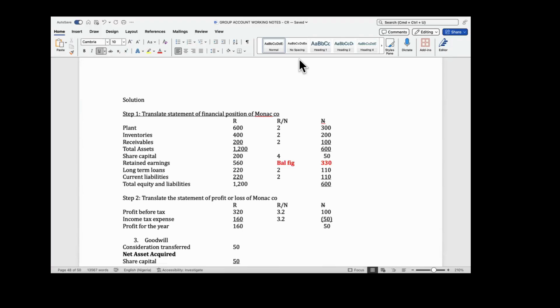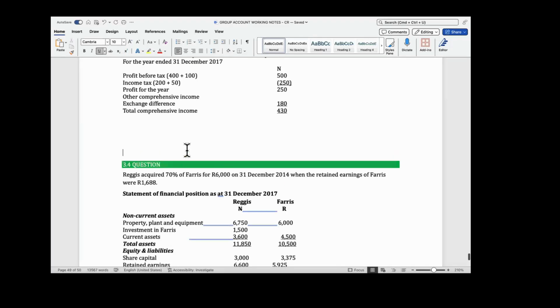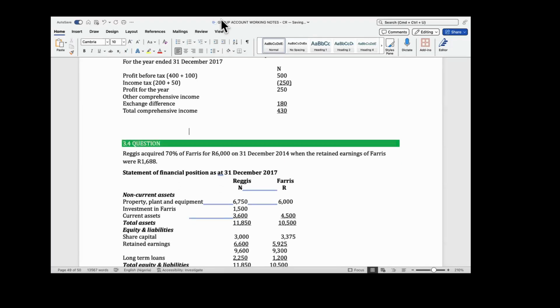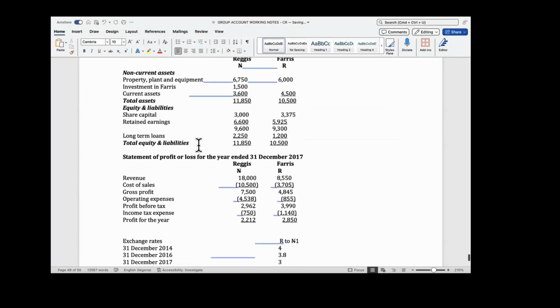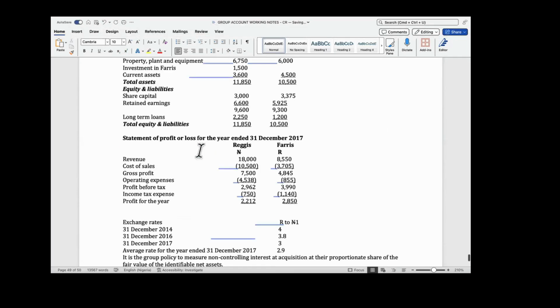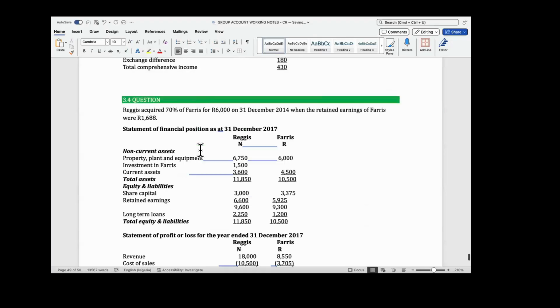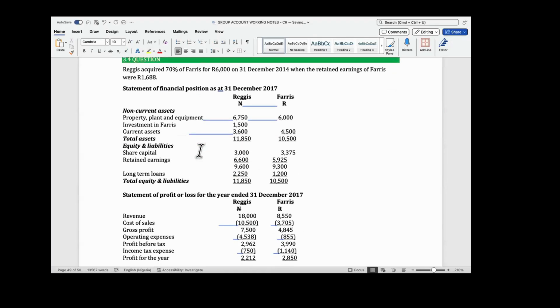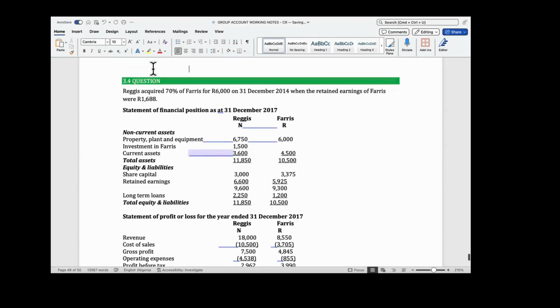Any observations, please? Let me start question 2. I can't finish it because I want to end this class by 10 p.m. For this one, it says Regis acquired 70% of Faris for 6,000 rand on 31st December 2014 when the retained earnings of Faris were given.